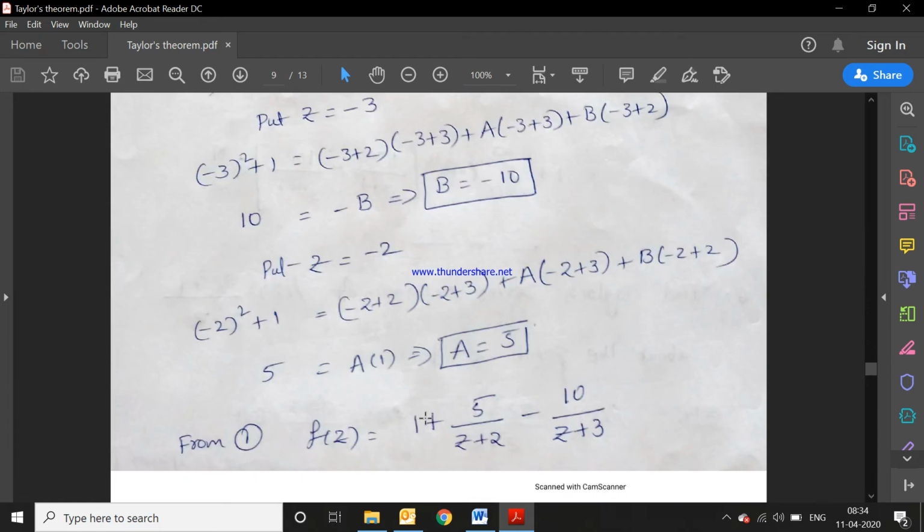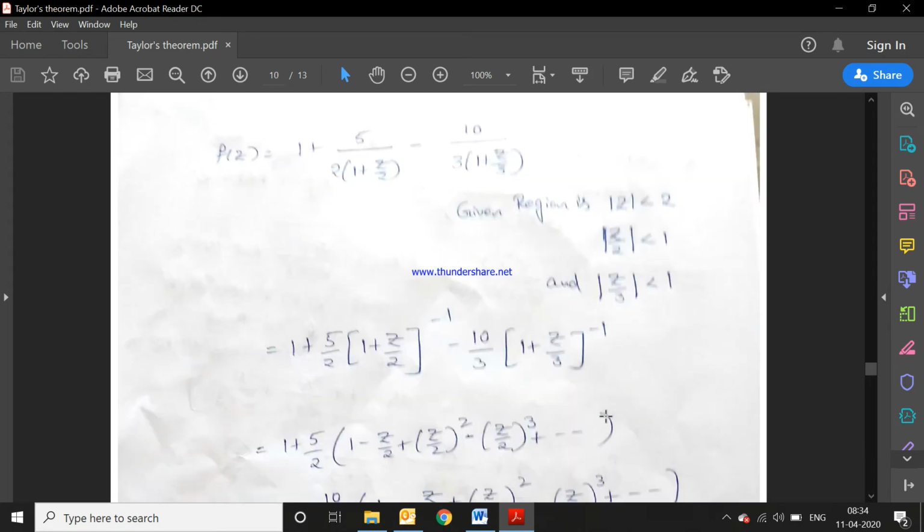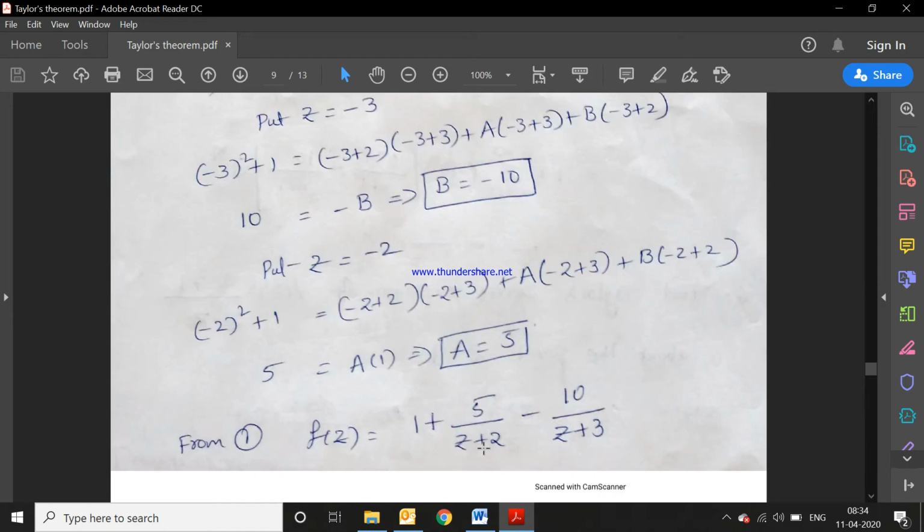Now we can substitute in f of z is equal to 1 plus 5 by z plus 2 minus, because a value is 5, b value is minus 10, minus 10 by z plus 3. Therefore, f of z, from this we write the function z plus 2 as 1 plus z form.